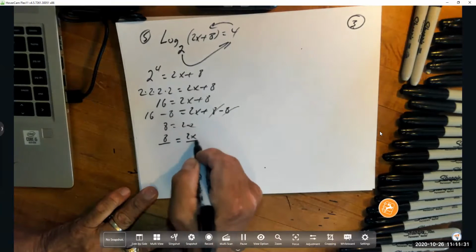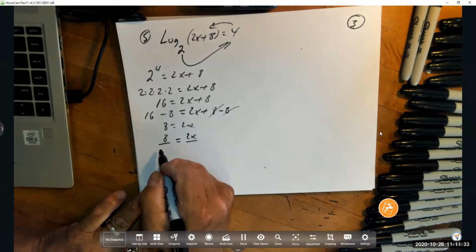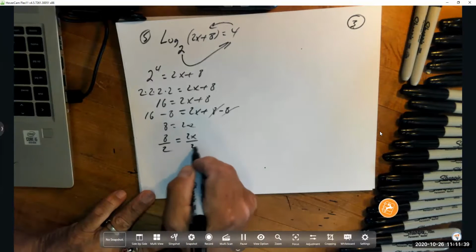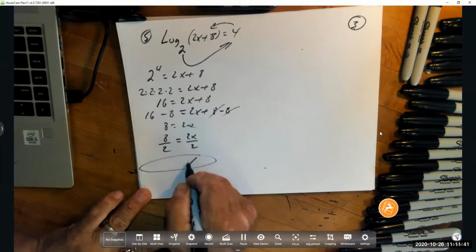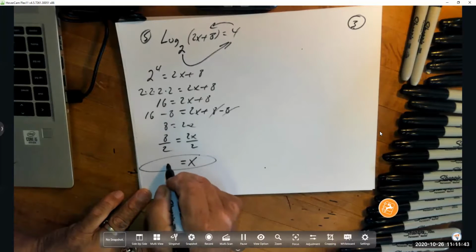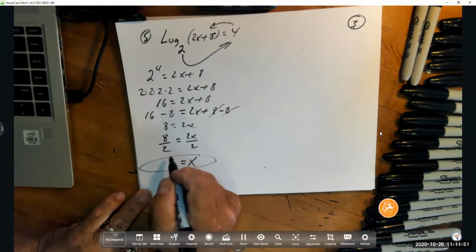By what? 2. All right, so the answer is x is what number? I don't know. What's 8 divided by 2? 4.